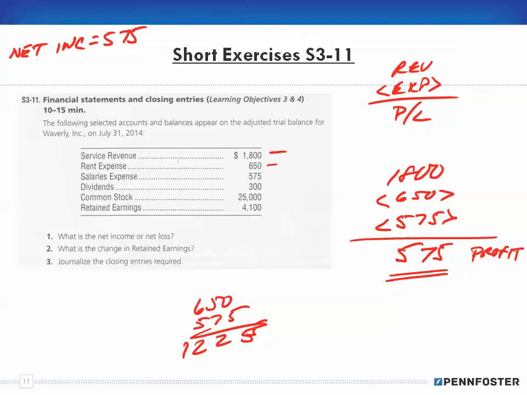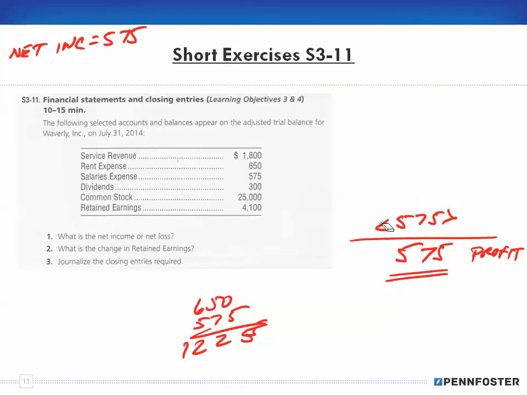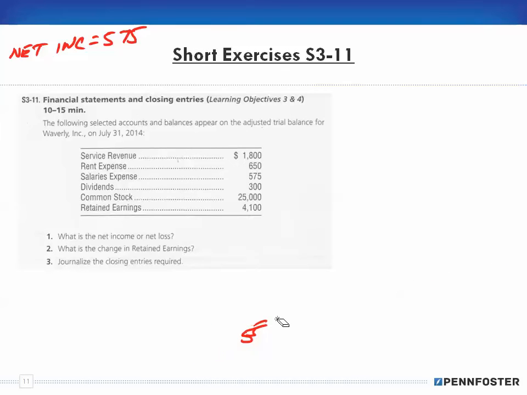Okay, because as you recall, we take whatever is on our profit or loss on our income statement, and then we can create the statement of retained earnings, which shows the change in the retained earnings at the end of the accounting period. So if our beginning retained earnings is 4,100, and then we have to add in, since we have income, we add in 575.